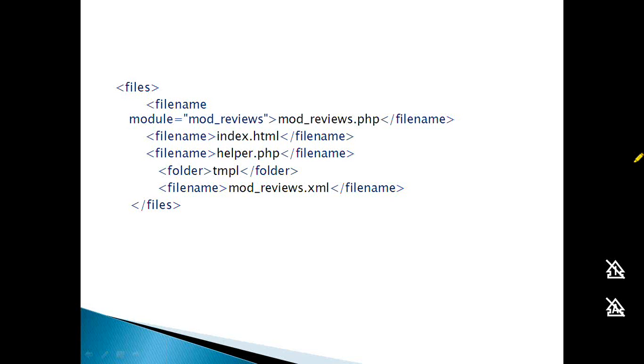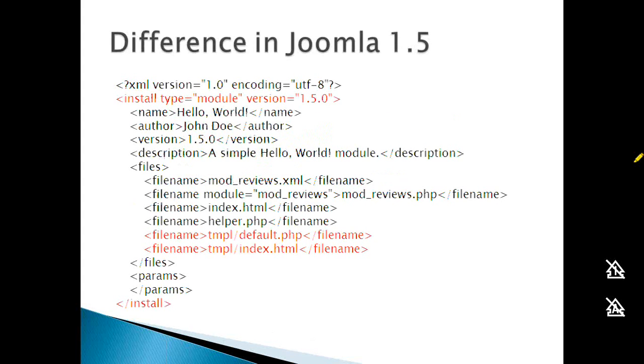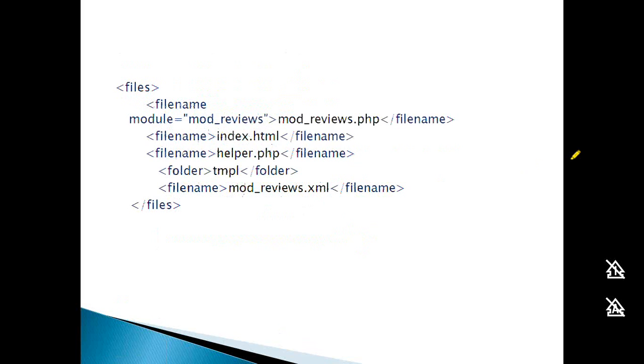If there is a component, you can even add your SQL files into this XML file, and with this method, when a particular component is being installed, necessary database table creation and other necessary actions would be performed automatically during the installation. So here I have highlighted the difference with Joomla 1.5. You can see the installation type, file name, and install. These three things are different in 1.5 and 2.5.